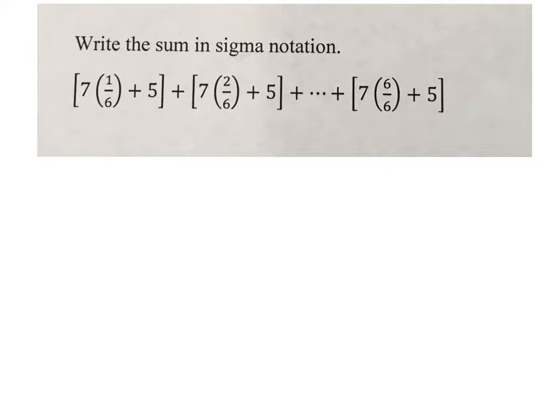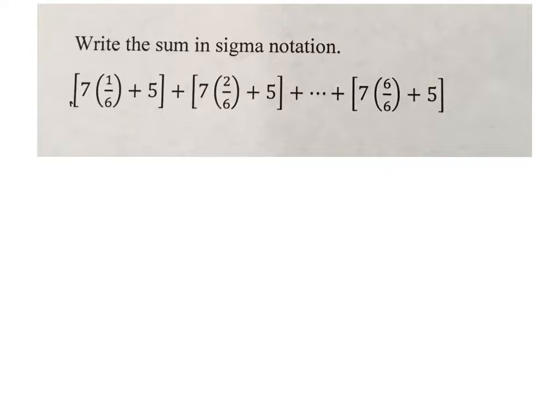Now, here is a problem where we go the other direction. We've gotten the sum in expanded form, and we need to write it in the sigma or summation notation. So as we look at this, the brackets say this is going to be one term, then the next, and so on.